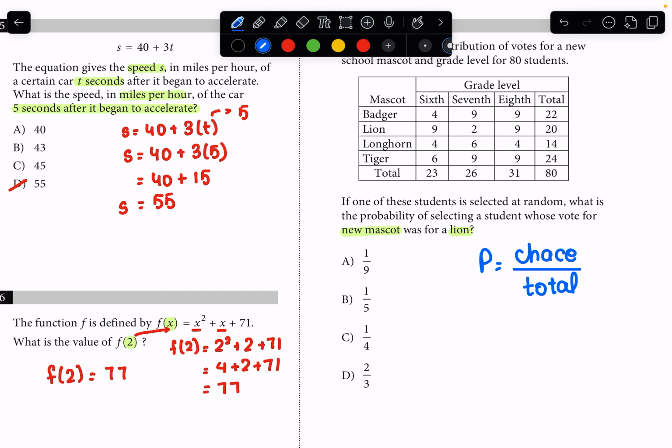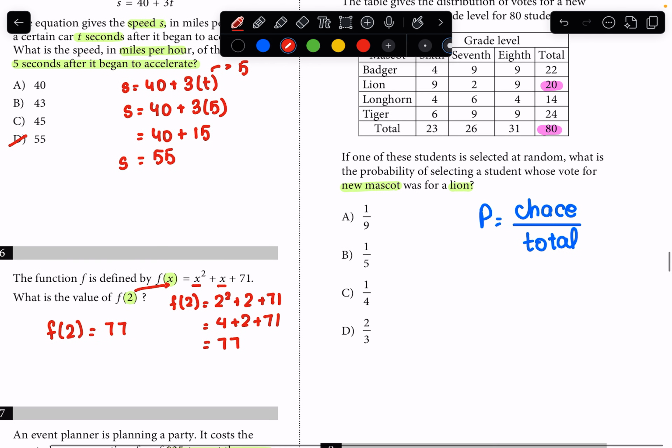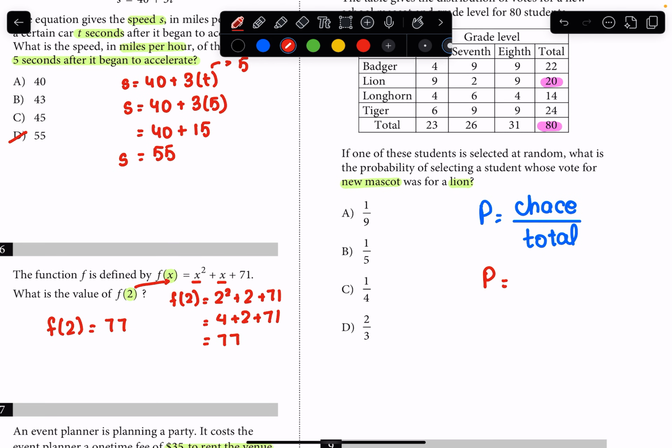Over here we can see that the total for lion is 20 and the total for mascot is 80. We can just play around with these numbers to figure out our answer. We can say P is equal to 20 over 80. Solving it out, our probability is 1/4.